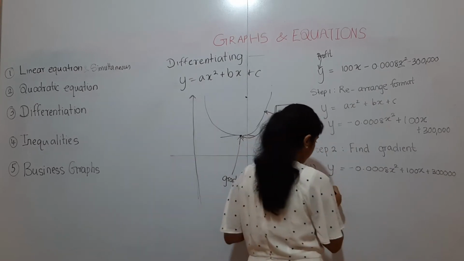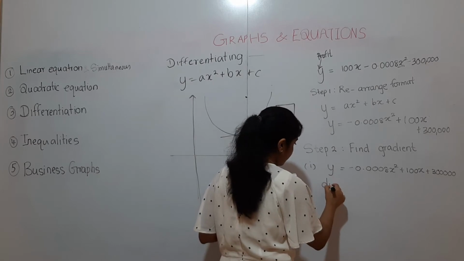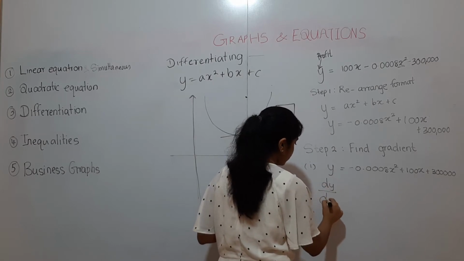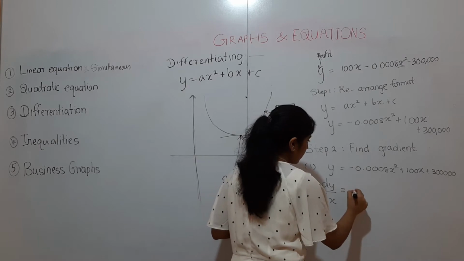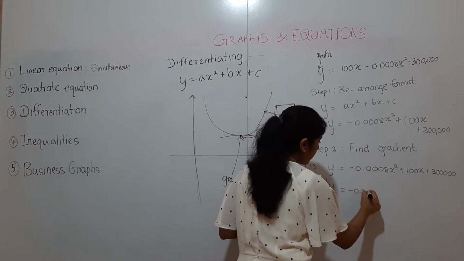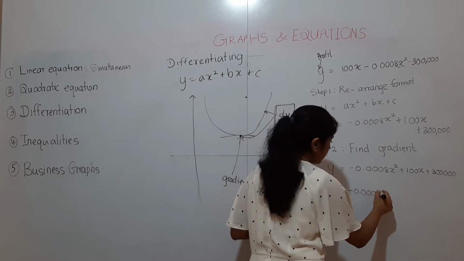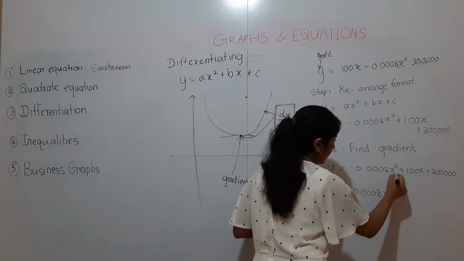This means first you write like this, dy divided by dx equals minus 0.0008 multiplied by the power.